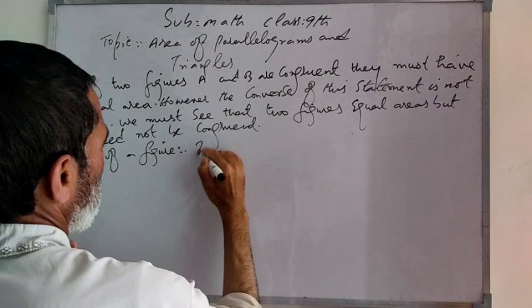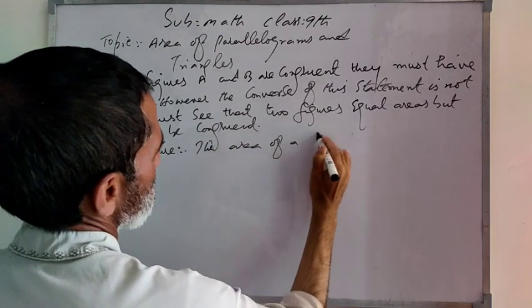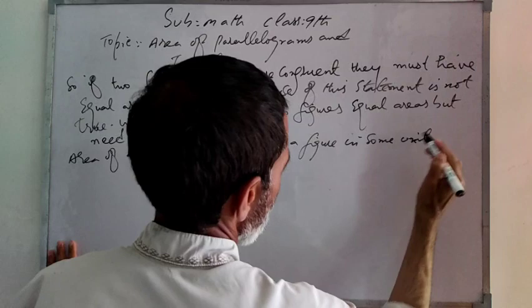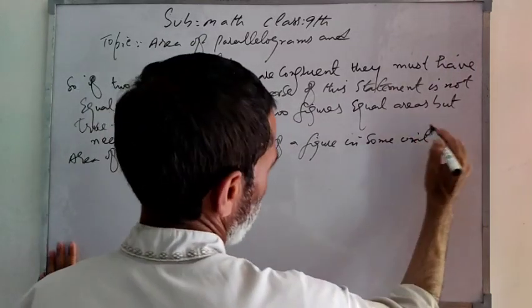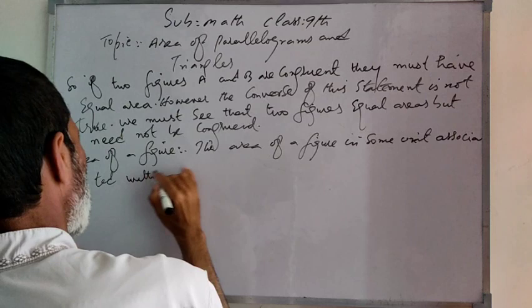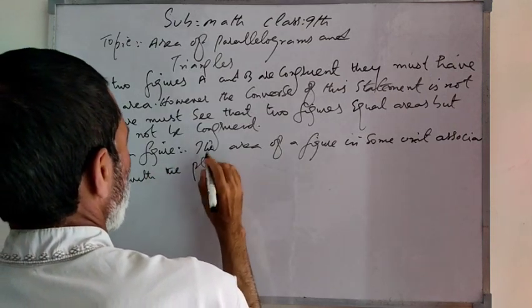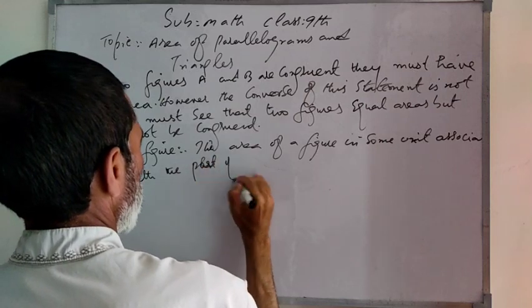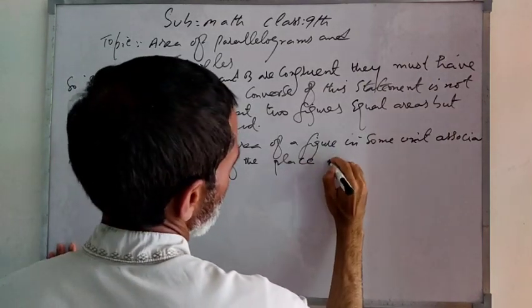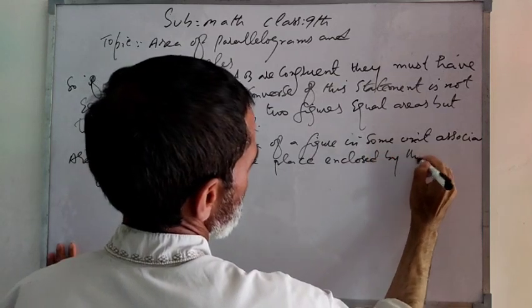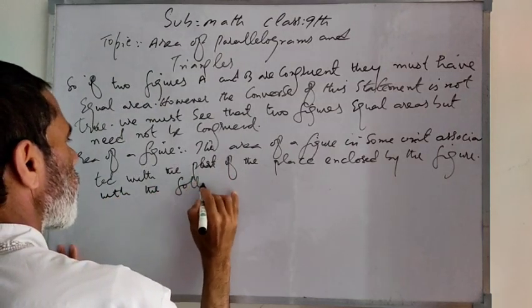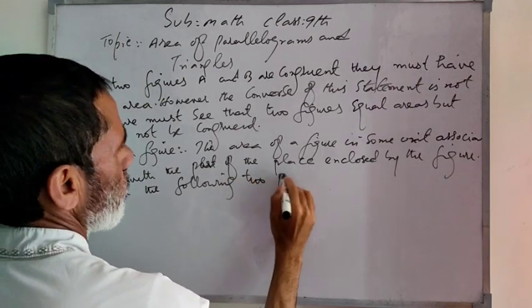The area of a figure is a number in some unit, associated with a part of the plane enclosed by the figure, satisfying the following two properties.